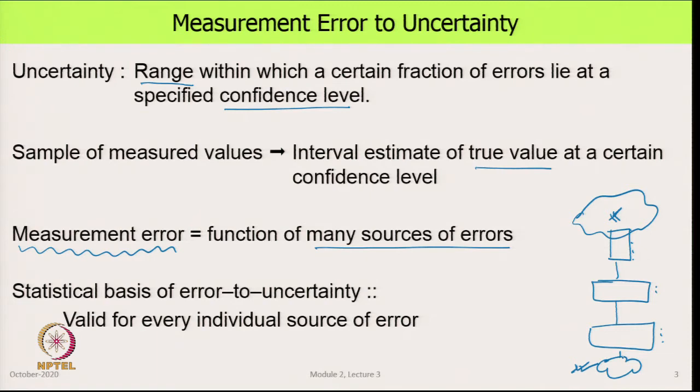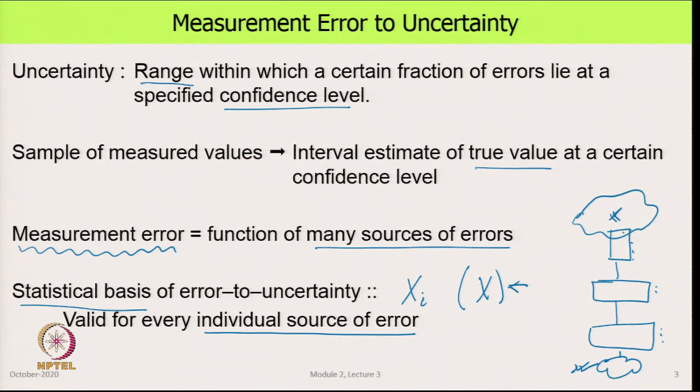The statistical basis that we have seen in the previous lecture, where we looked at any measurand x i, which in statistics terms was just x, all the treatment we learnt about it for only one particular measurand. However, this is equally true for every individual source of error in the measurement or the result.